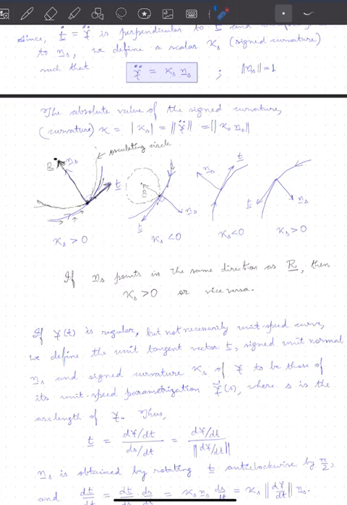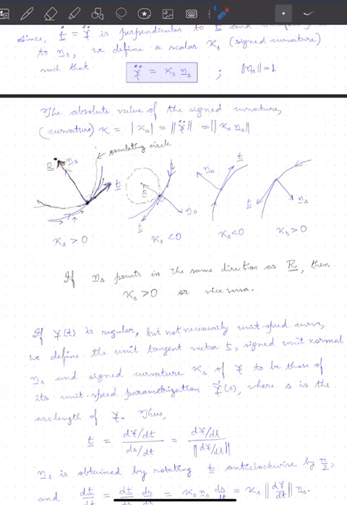So to understand how we say that the signed curvature is positive or negative, we define it such that if the n of s vector points in the same direction as the r vector, where the r vector is the radius vector, the vector which connects the point of intersection of this osculating circle to its center, right?